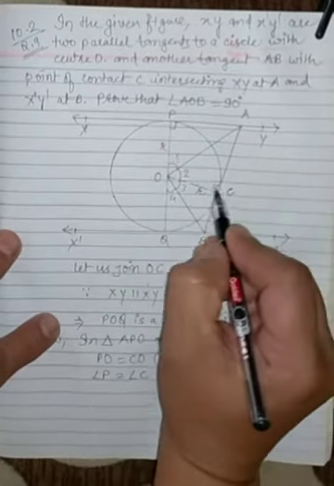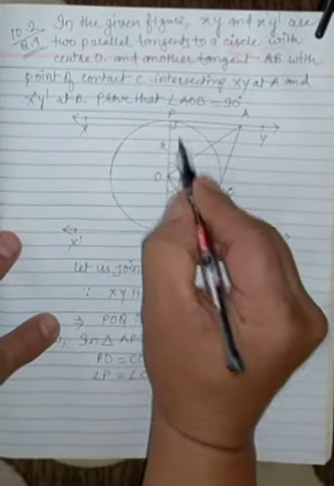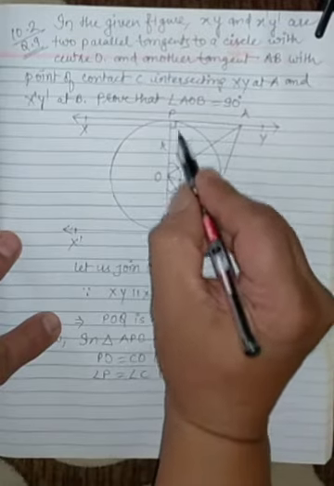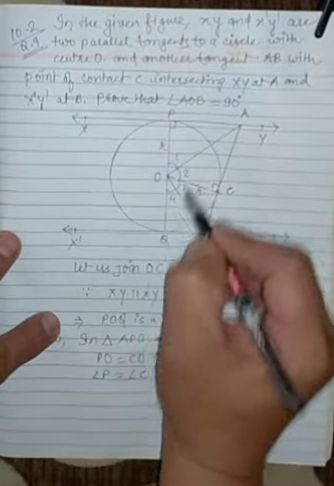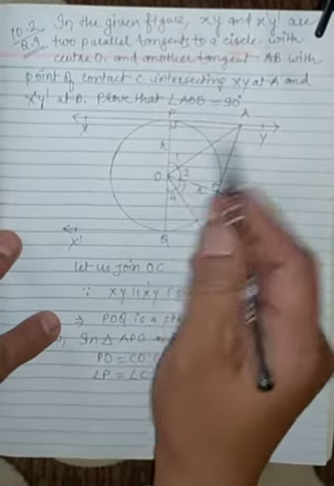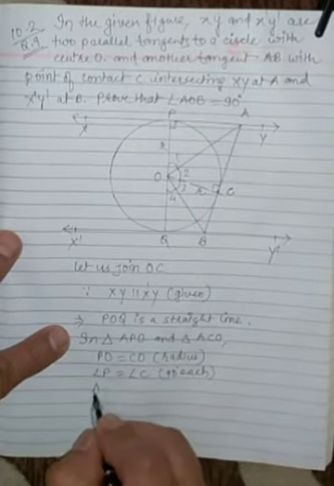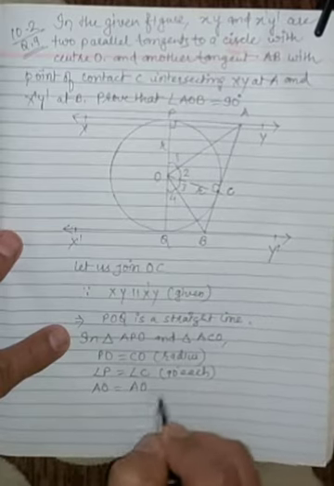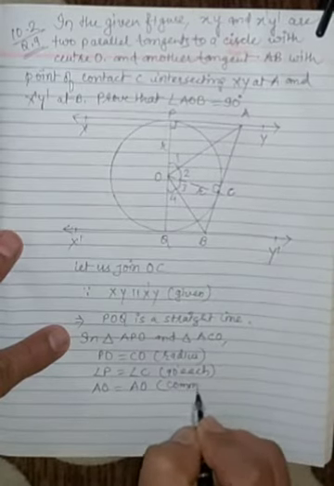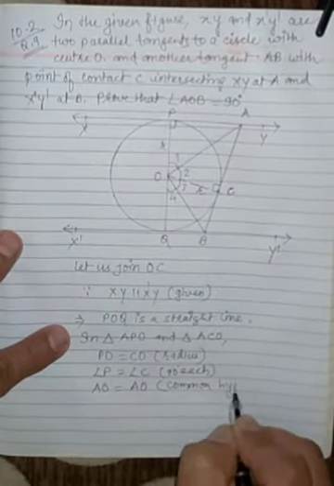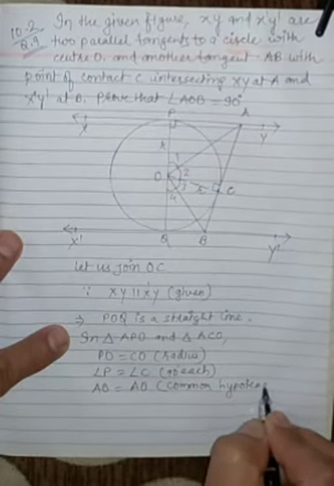So if angle P and angle C are 90 degrees, that means the side opposite to the 90 degree angle, OA, is common in both, acting as the hypotenuse. So AO is equal to AO, common hypotenuse.